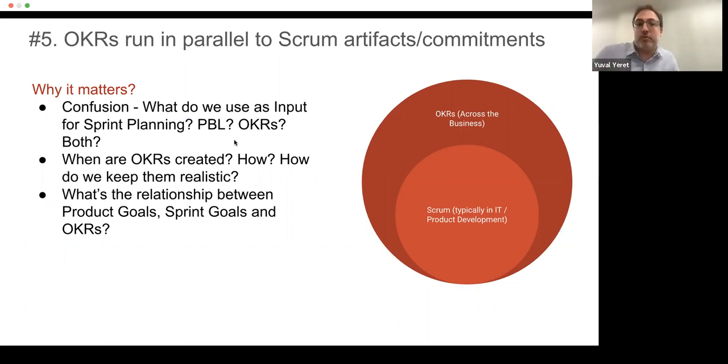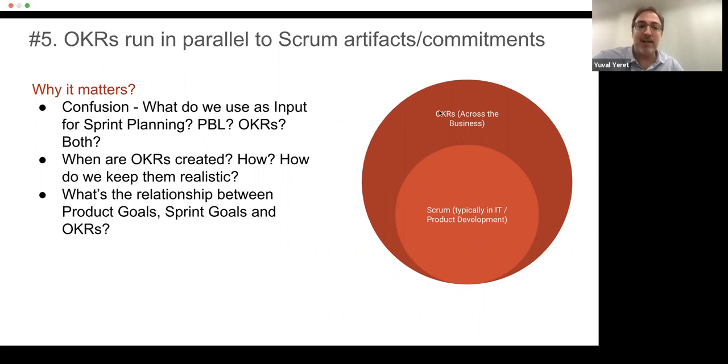But in broad strokes, I think it's fair to say that OKRs or any sort of goal-setting mechanism is used across the business typically, while Scrum and more structural agile ways of working are typically happening just in parts of the organization.